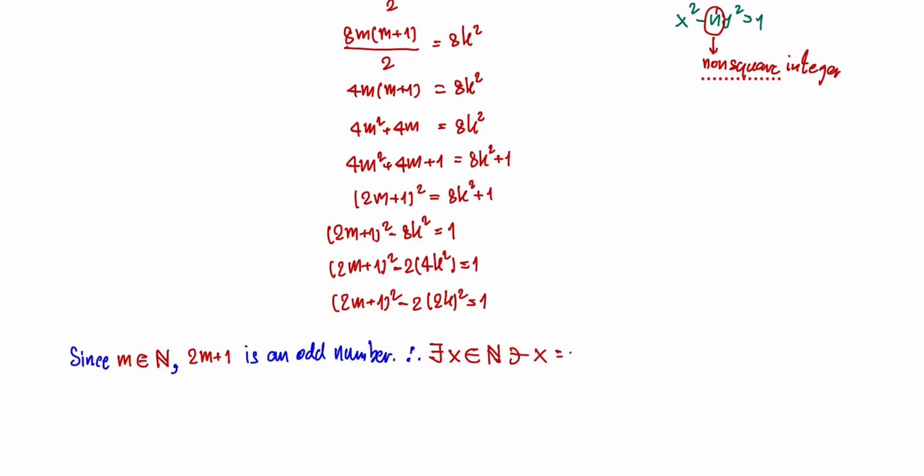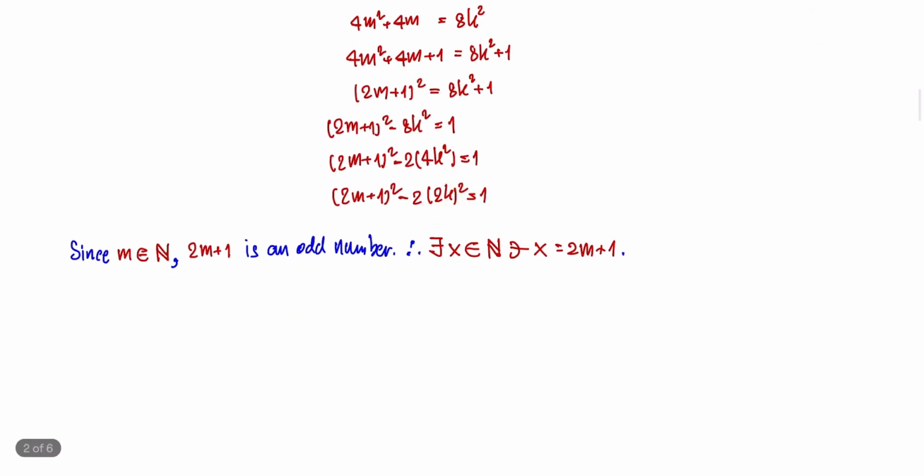x equals 2m plus 1. And the same goes with 2k. Since k is an integer, 2k is an even number.